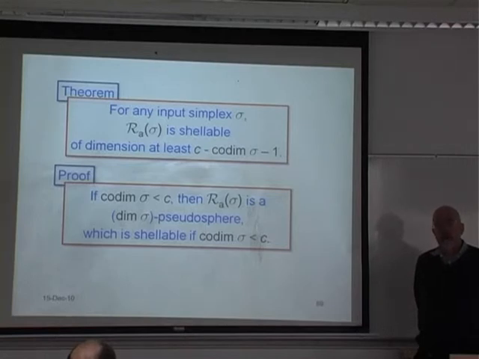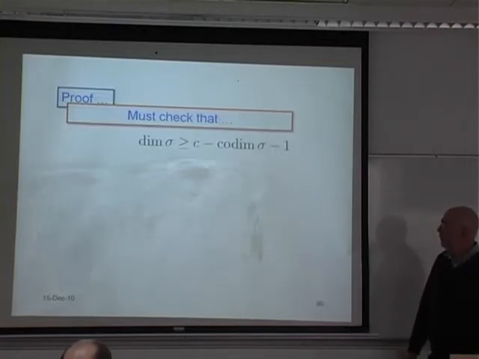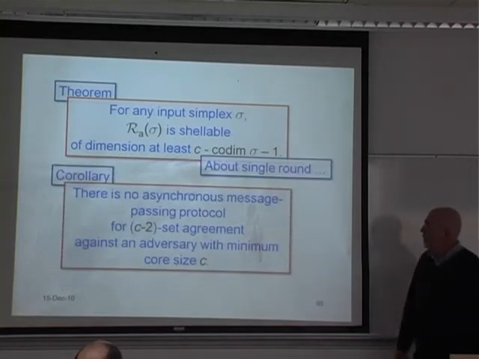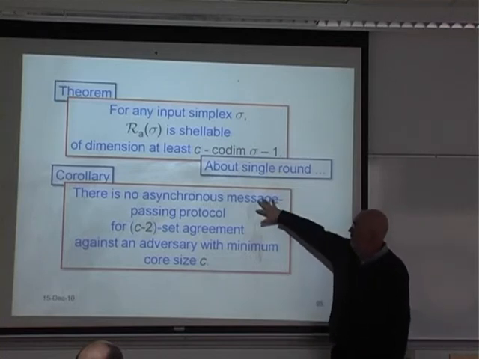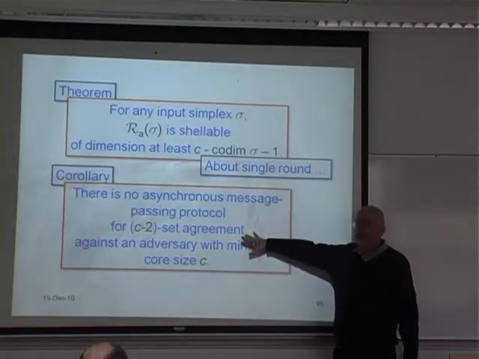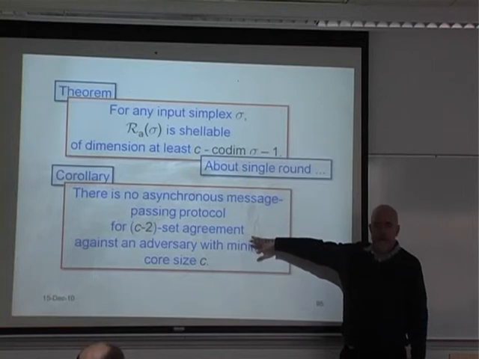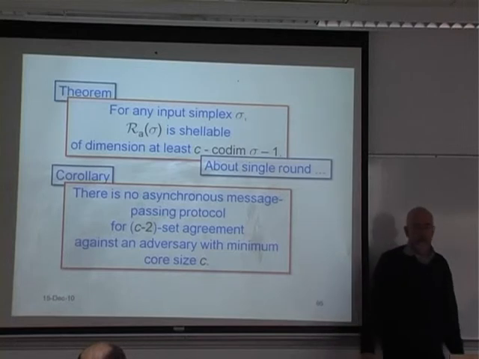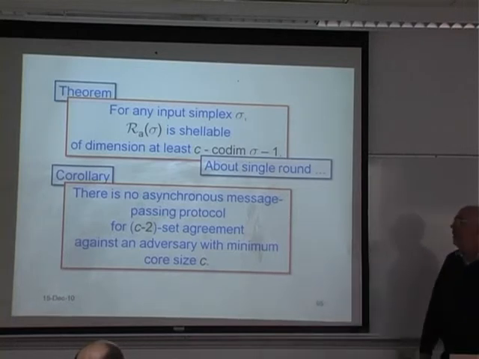So any set of C minus 1 processes, those could fail, but so what that says, for example, is that there's no asynchronous message passing protocol for C minus 2 set agreement against an adversary with minimum core size C. So that says that if you're interested in set agreement, all you need to know is the minimum core size.